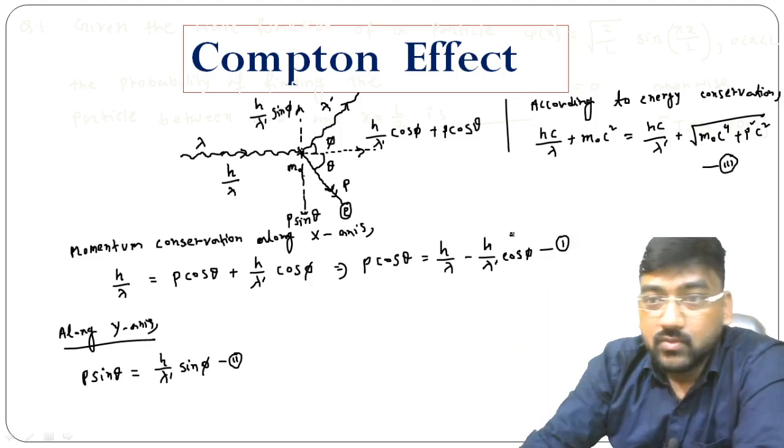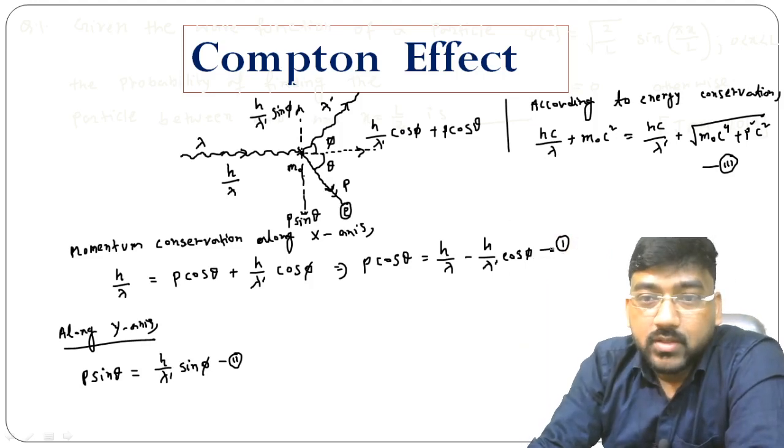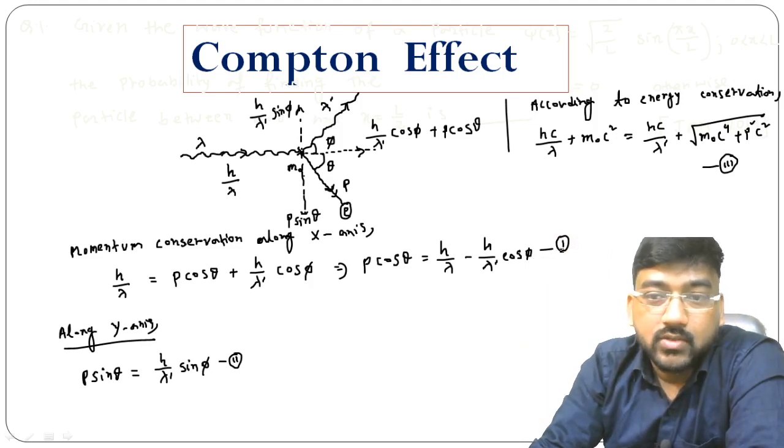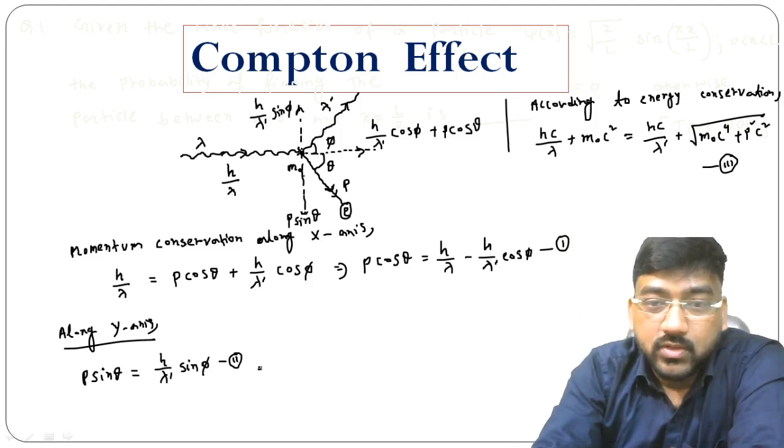So first what you have to do, just square and add equations 1 and 2. So that will be p square cos square theta and p square sin square theta.